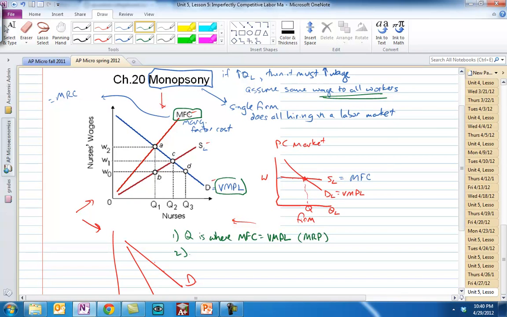The wage that it'll pay the worker is not, here's where that is, take a step back here. Before I get to number two, if you want to find this quantity, we find where marginal factor cost equals VMPL, and that's the quantity. So Q1 will be the quantity of nurses that this hospital will hire.